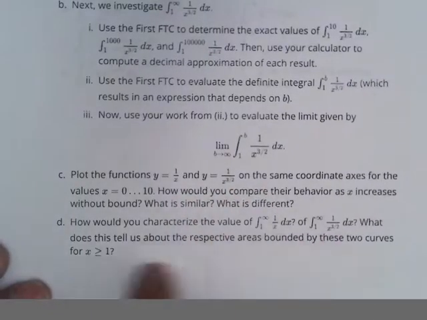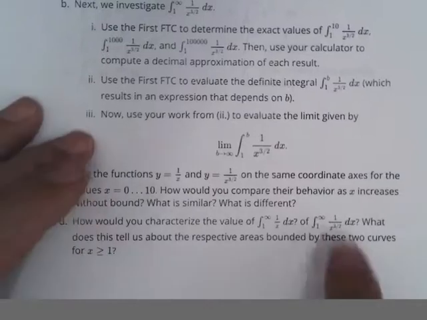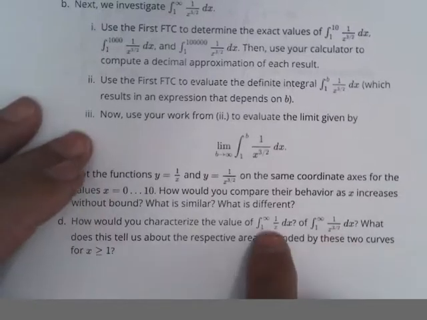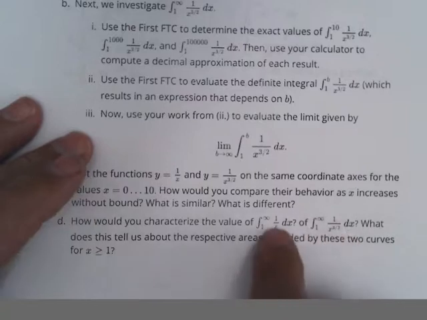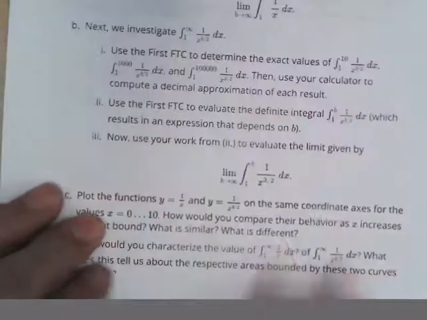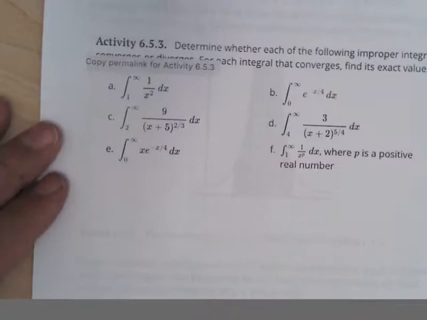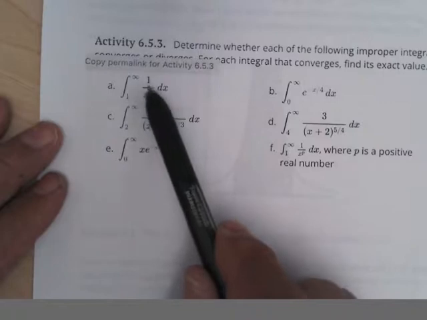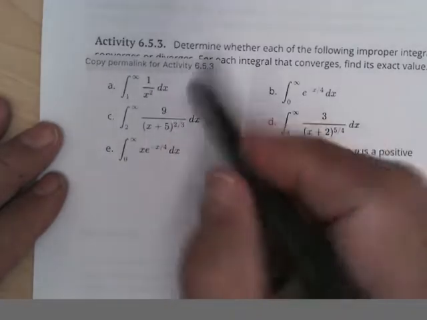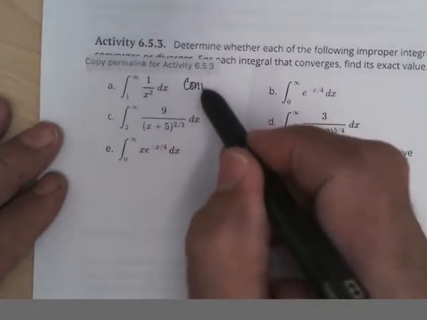We did, and we find out that this one is closer to the x-axis than this one as we go to positive infinity. It is bounded, that one is not. That's the whole point of activity 5.6. So, this is closer on the infinity side than 1 over x, so this one will converge.